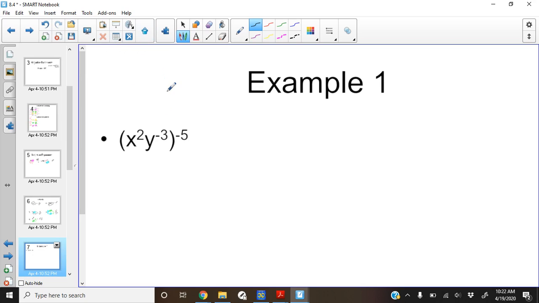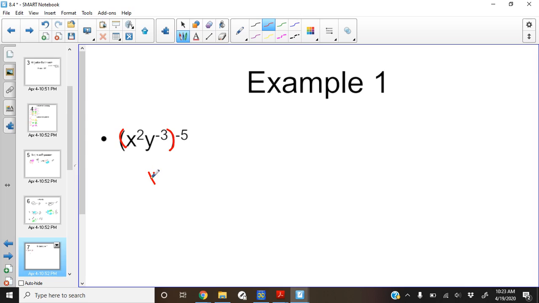So now let's try to tie together some of our other rules as well. So we have a power raised to a power. So when that happens, everything in that base is getting raised to the 5th. So you keep your base and you multiply your exponents.